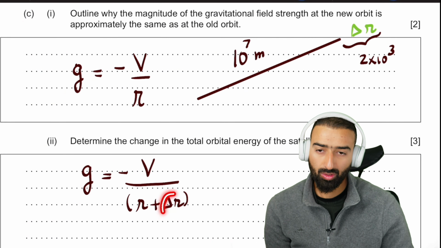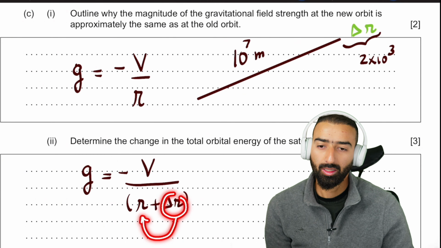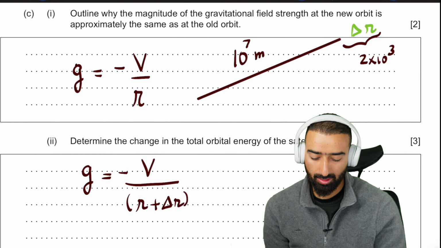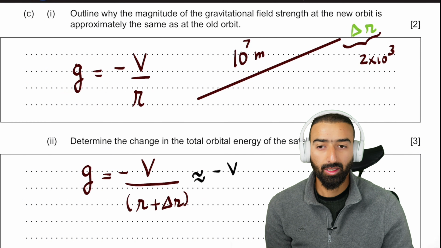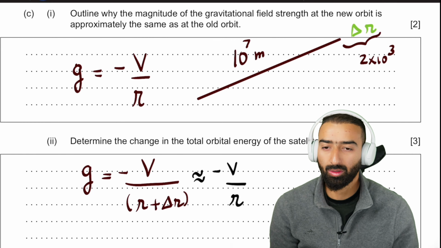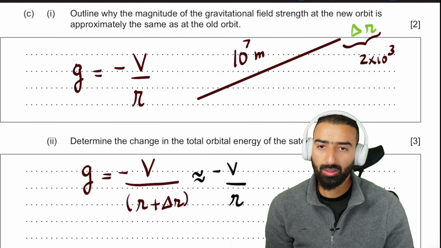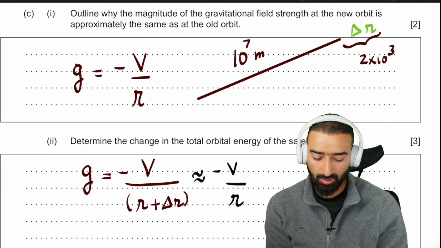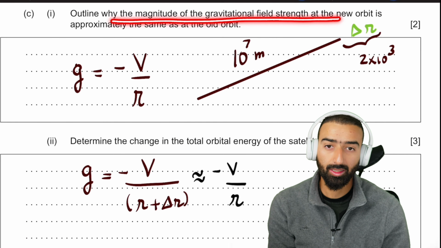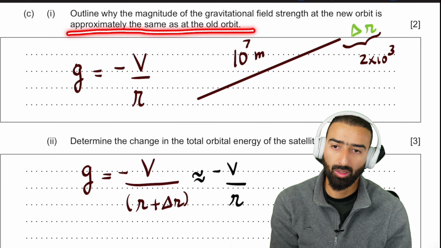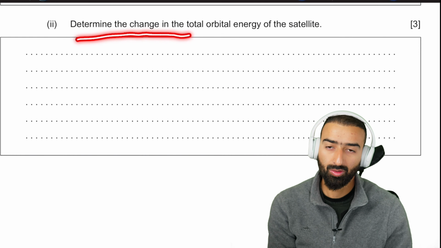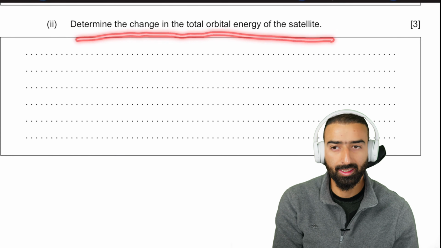But this is so small compared to r that we can neglect it. If we neglect this term, the equation becomes minus V over r, and it's a very good approximation. And that's why the magnitude of the gravitational field strength at the new orbit is approximately the same as the old orbit. Determine the change in the total energy of the satellite.